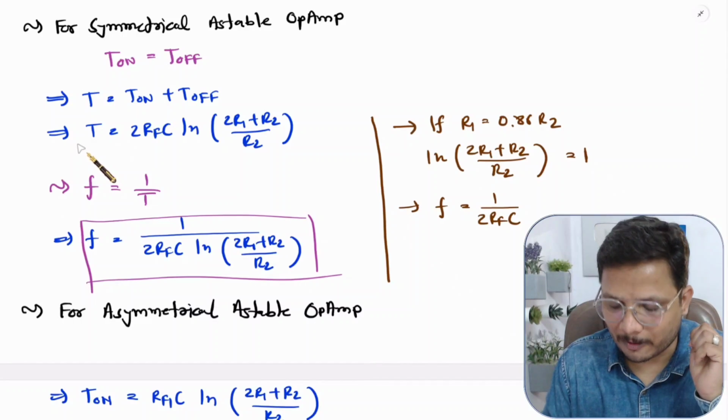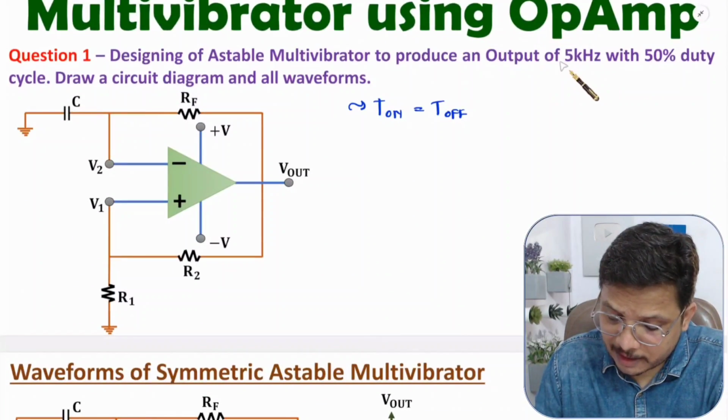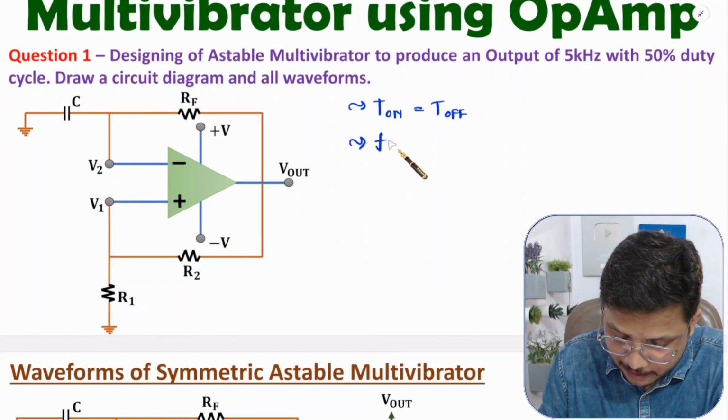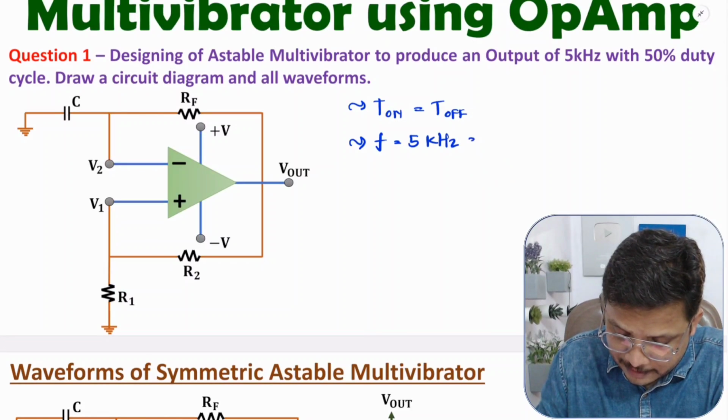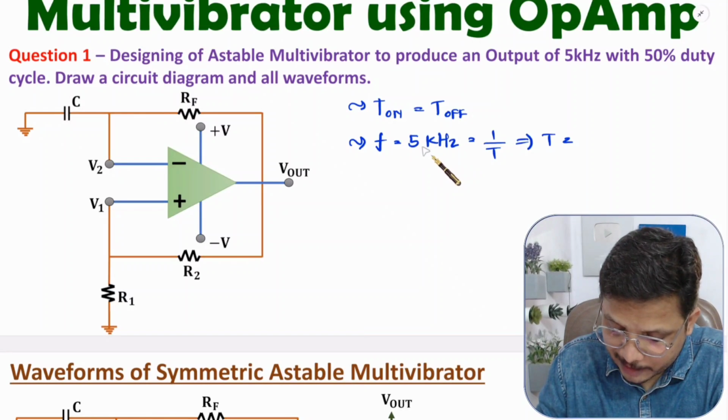So this equation I'll be using over here for identification of value of components. Let me explain you how. See, here we have been given with frequency that is of 5 kHz. So here we have value of frequency that is of 5 kHz and that is 1 divided by time period T. So based on that, one can have value of T that is 1 divided by 5 kHz.